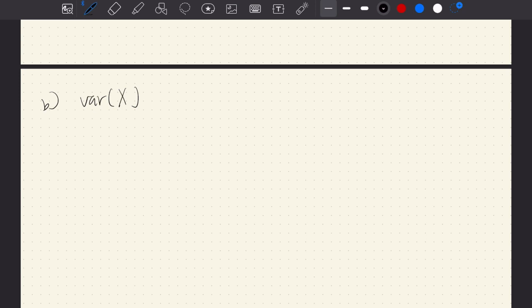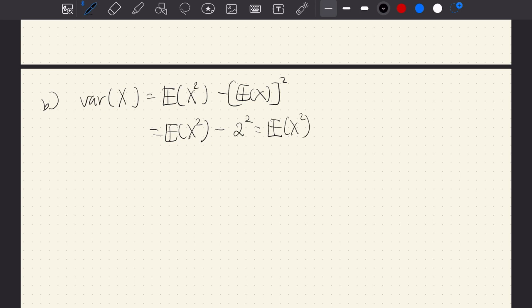And for this, we'll use our new formula that eases us in the evaluation of the variance, which is the expectation of x squared minus the expectation of x, taken squared. Okay? And previously, in subproblem A, we found that the expectation value of x is 2, right? So this is equal to the expectation of x squared minus 2 squared, which is equal to the expectation of x squared minus 4.